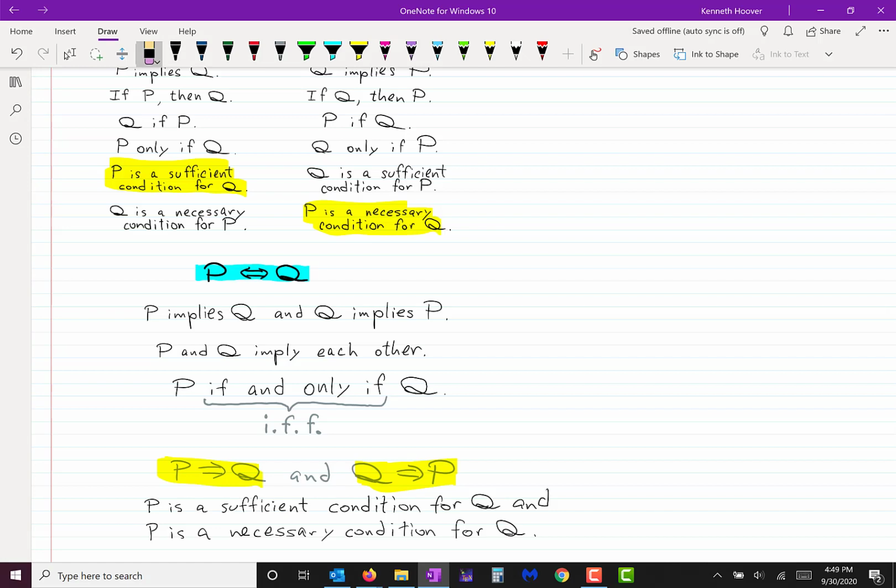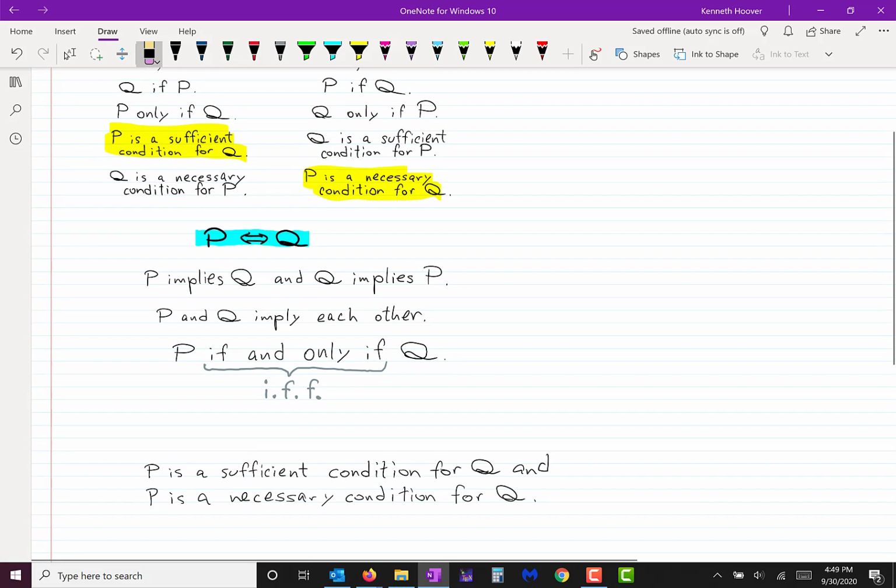But again, notice that the sentence has two halves, and the two halves look very similar.